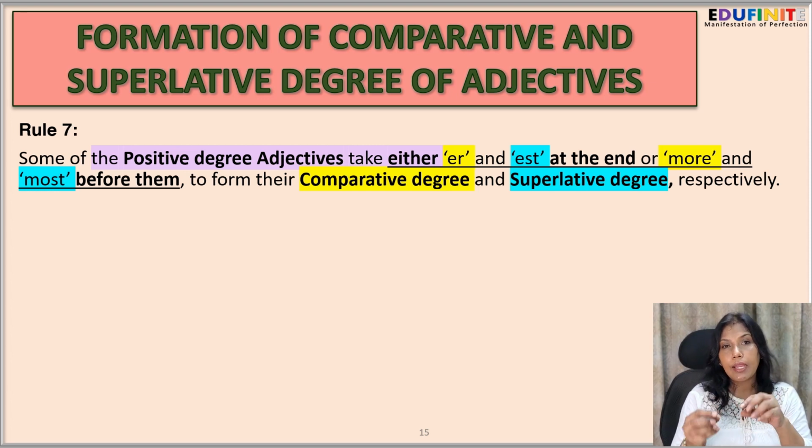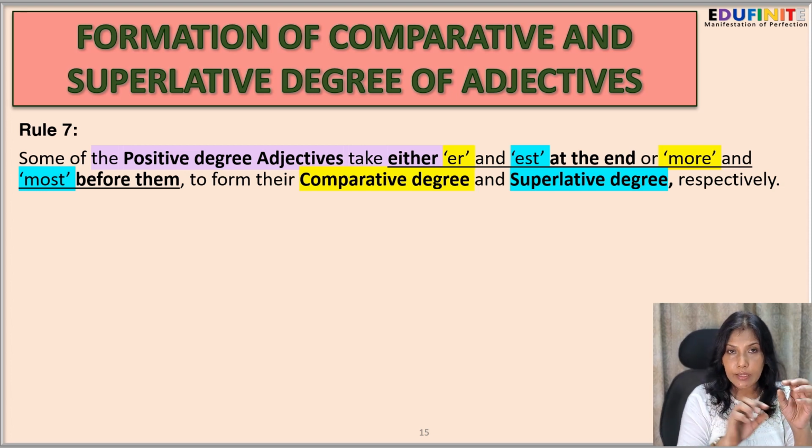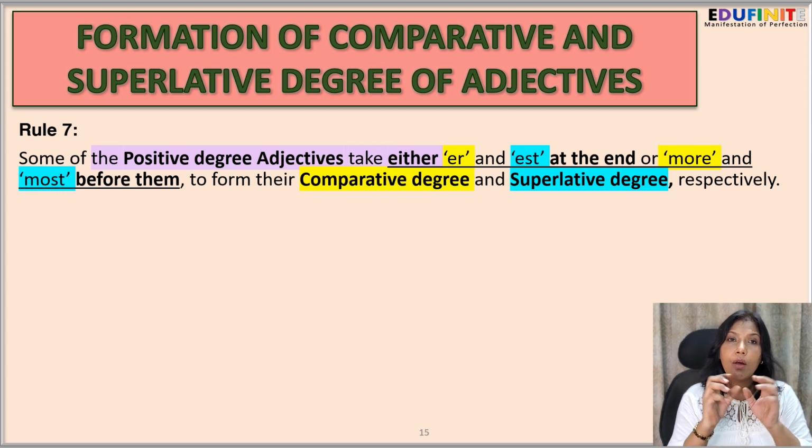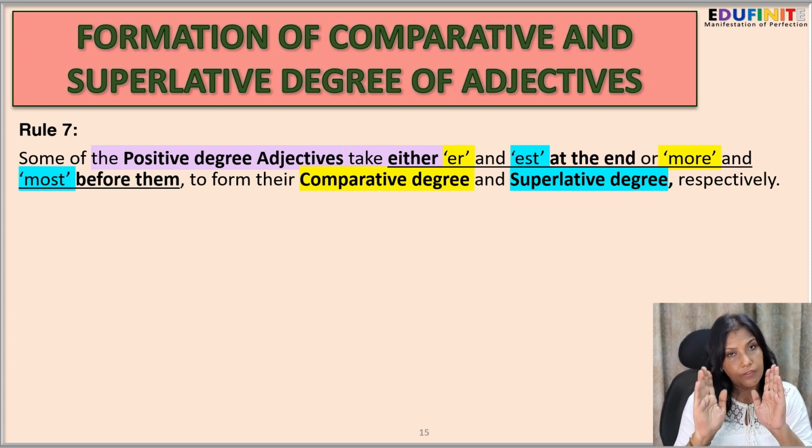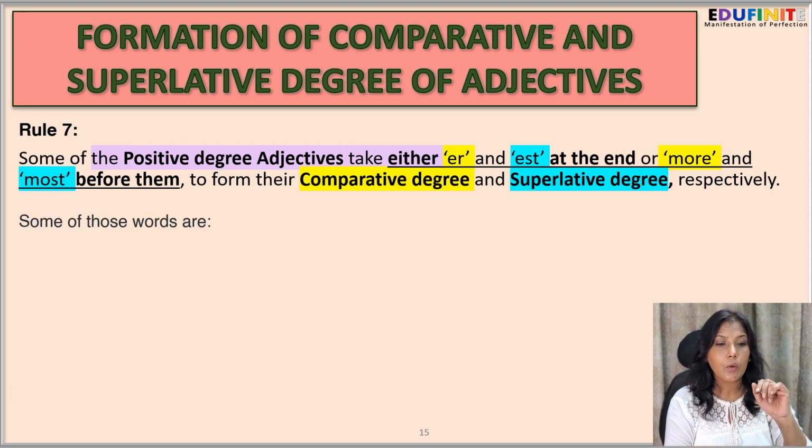Sometimes you can add er to its end and make it comparative, or we can just add more to it and let the basic form remain. So that way also they become comparative. And for superlative, we can add est to it, or we let it remain in the basic form and add before it the word most.